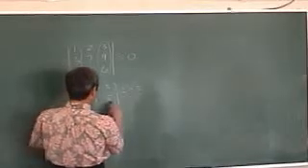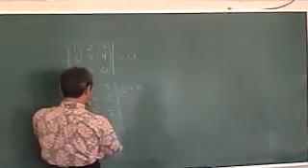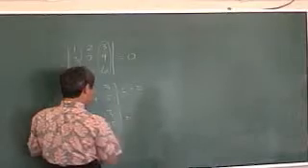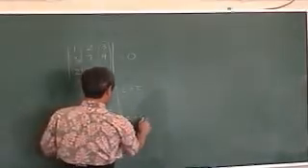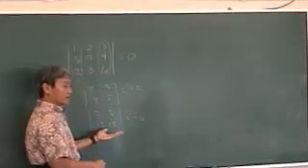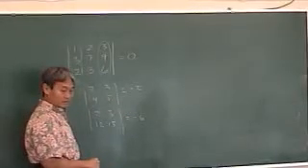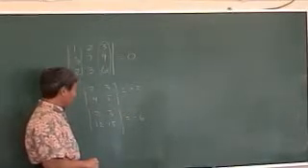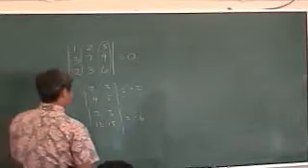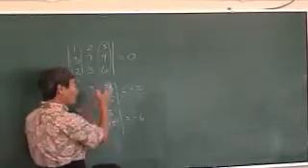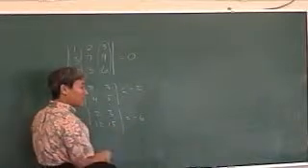I'm going to multiply the second column by 3, and you get 12 and 15. What's the value of the determinant now? 30 minus 36 is -6. What happened? Multiply any row or column by a number, the determinant gets multiplied by that number.